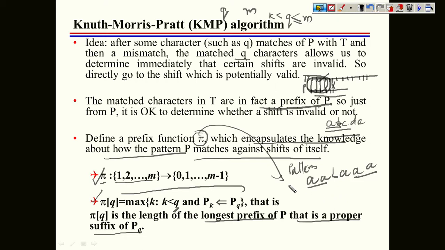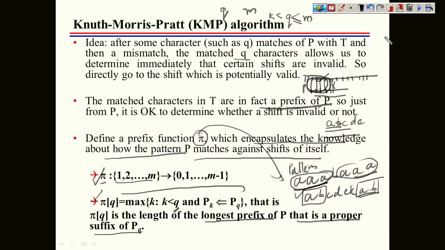If I add one more a here, then we have a longest prefix which is also the proper suffix, meaning this part is matching, and the length of this is 3. Similarly, if I write a b c d e k a b, here you can see this is your prefix and this is your suffix. So the longest prefix is of size 2, which is also the suffix here. This is how we need to represent this value.